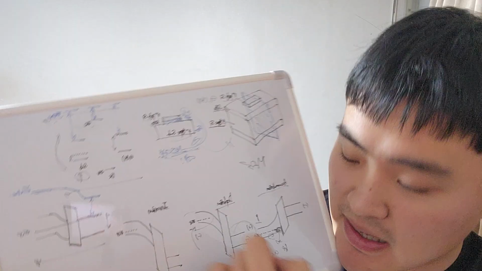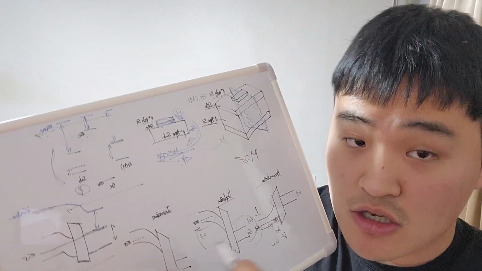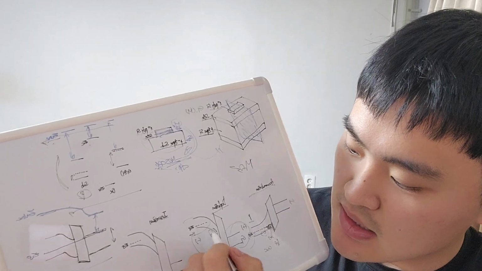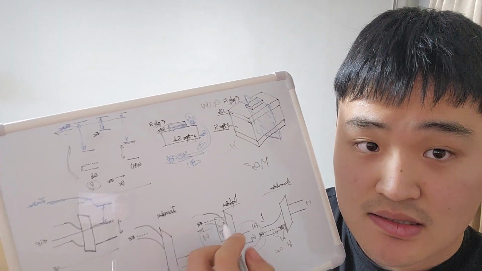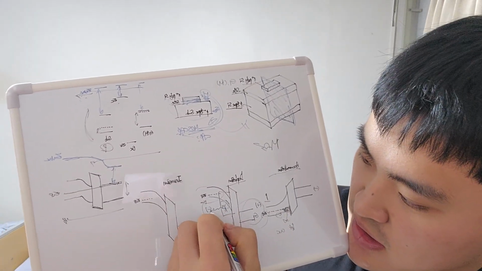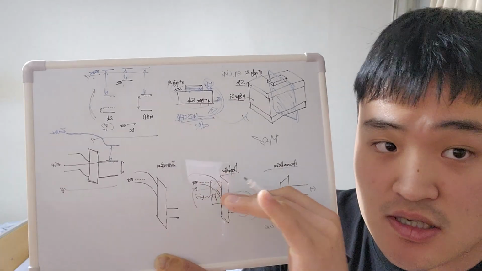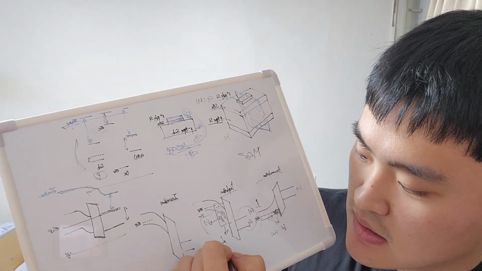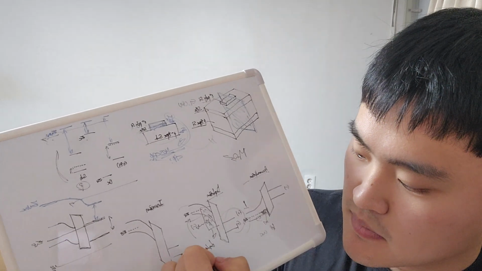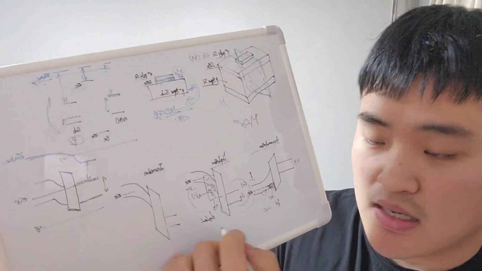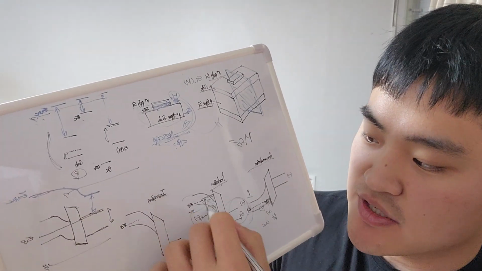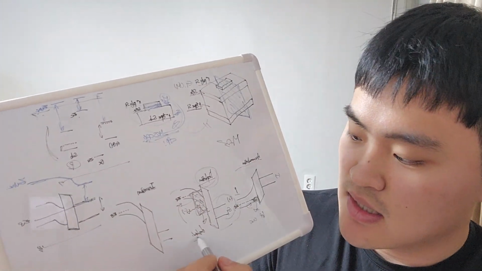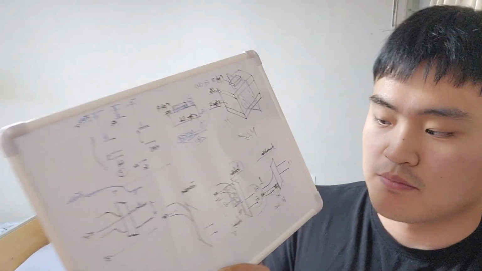And by the plus bias of the gate, the accumulated holes located at this surface will be pushed and move more toward the substrate part, and this place might be depleted. So we can make a depletion region in this part. So that's why we call this process depletion.